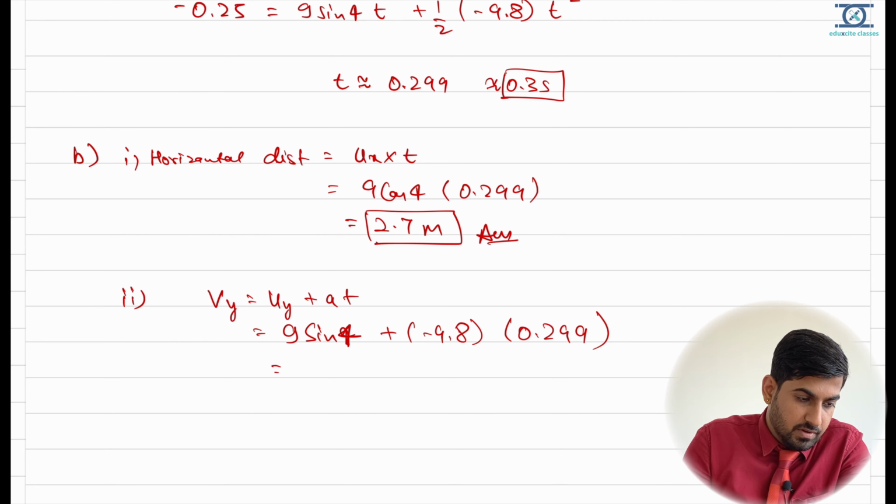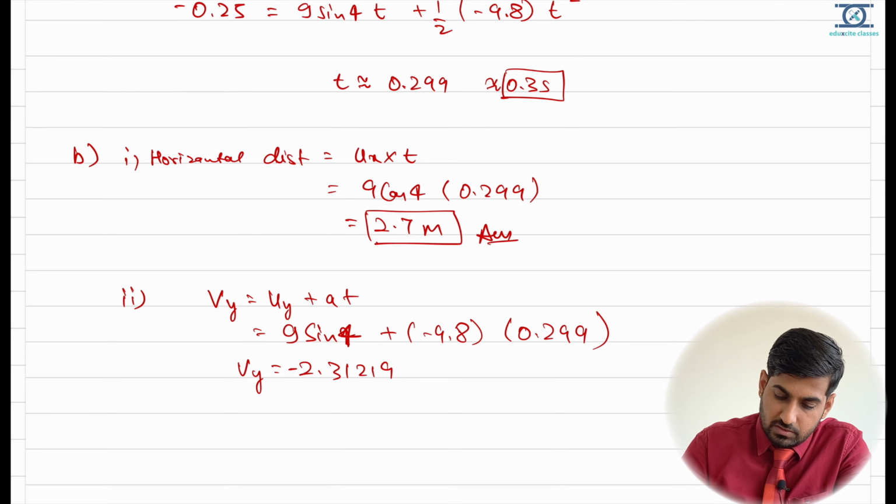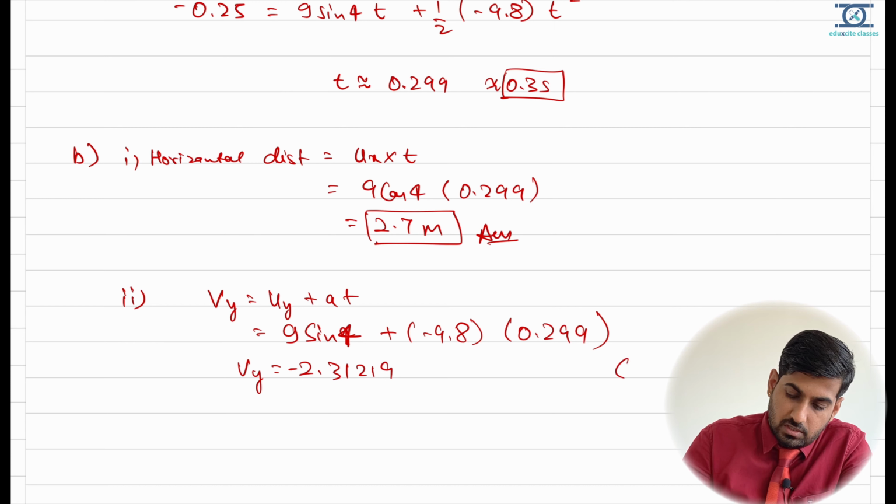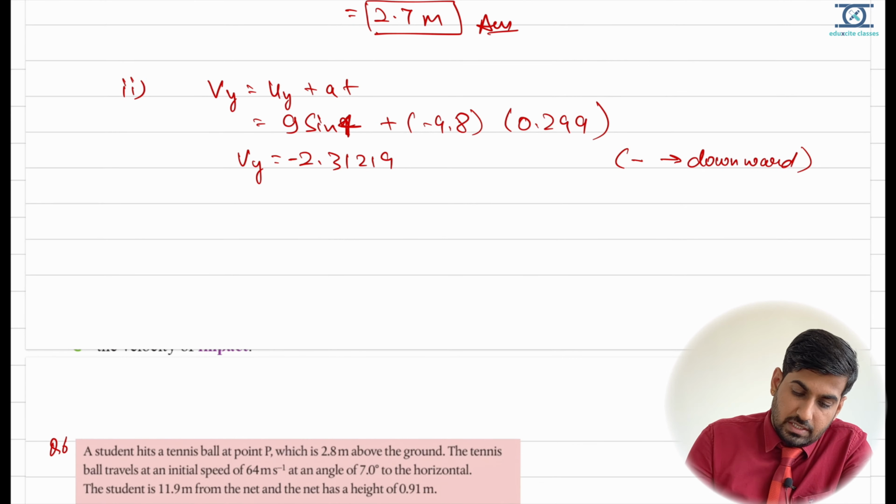So this Vy will be something around 2.31219, right? This will be negative because it is in the downward direction. So don't worry about the negative sign, it just shows it is moving in the downward direction.